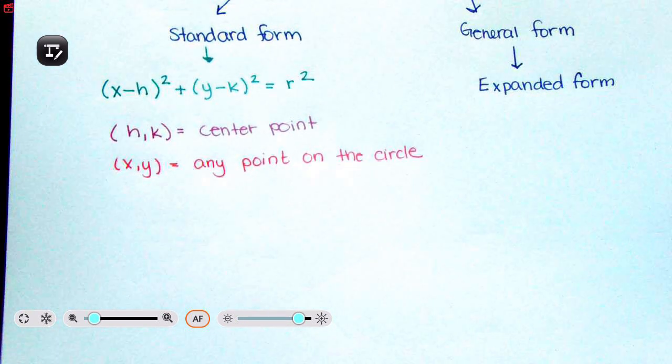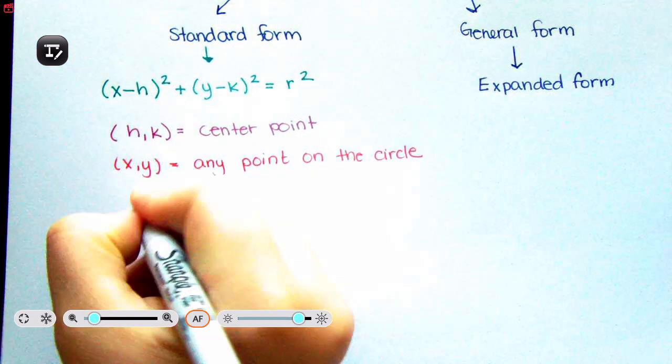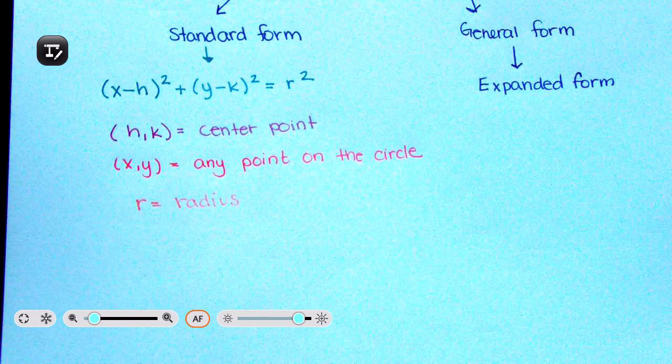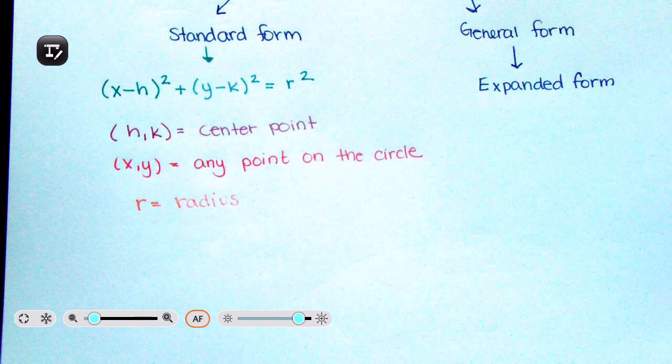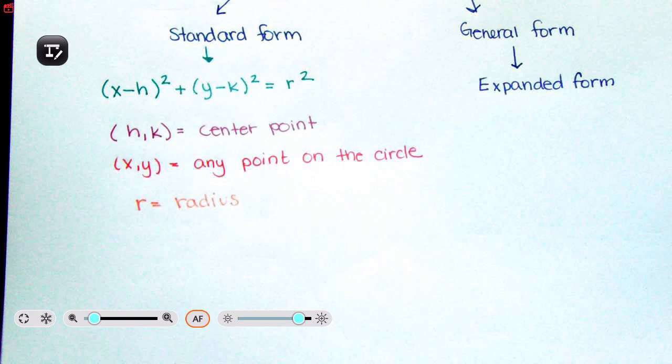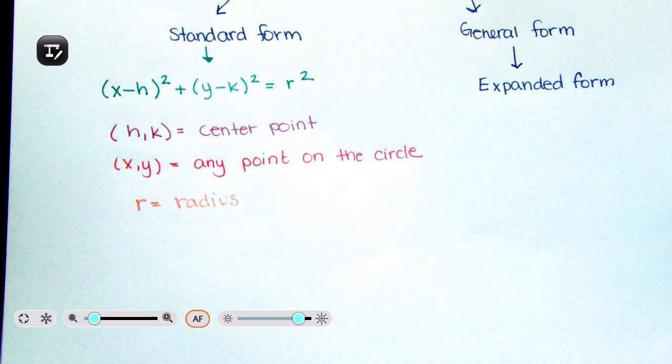And then we have r, which is your radius. Now, r is your radius, not r squared. We don't want the radius to be squared. We want just the radius. That's pretty much it. There's your circle. You can graph with this equation. You can write the equation of a circle with standard form. Pretty neat. So let's do some examples.